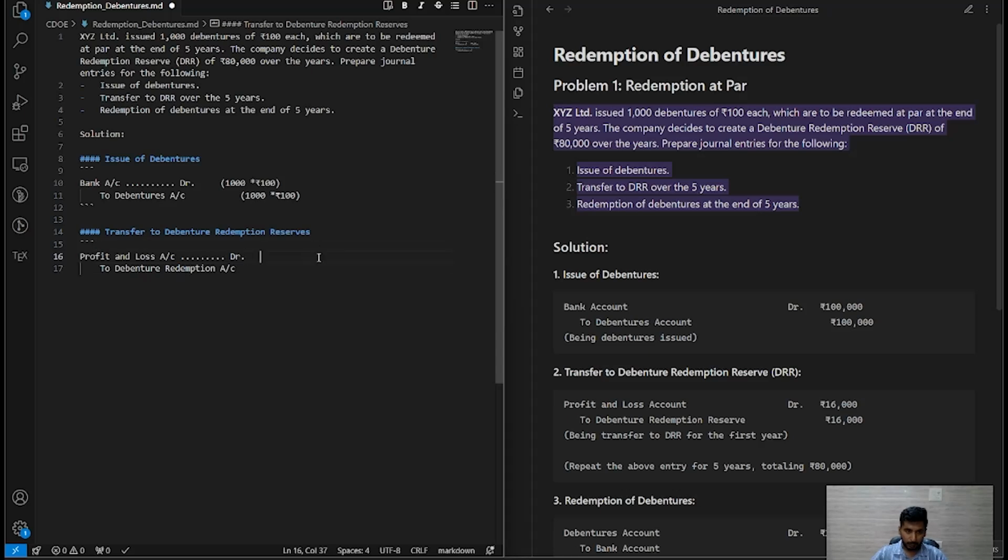It will be 16,000. How the 16,000 comes, I will let you know. This will be 16,000 for the credit side as well as for the debit side.